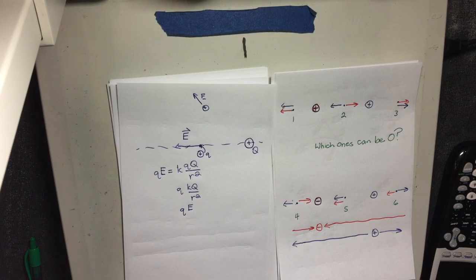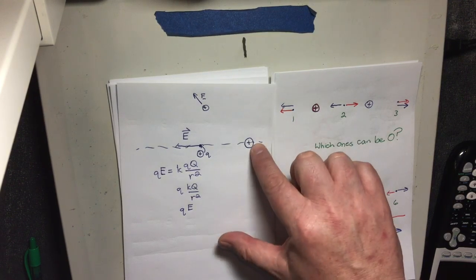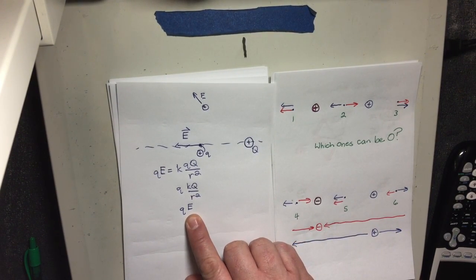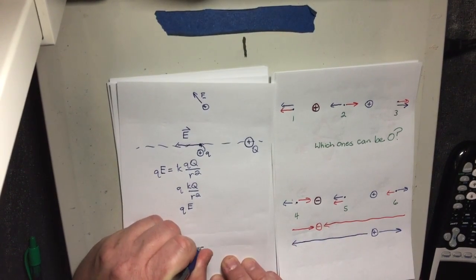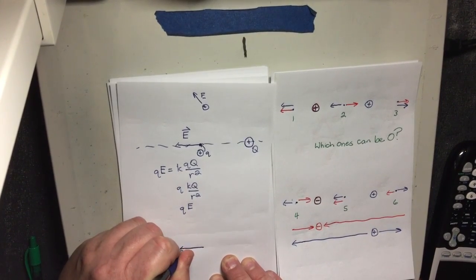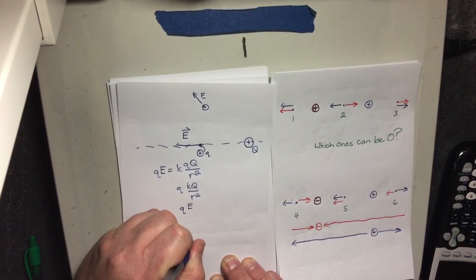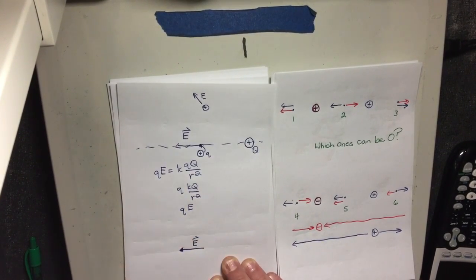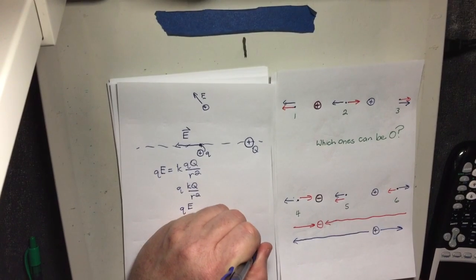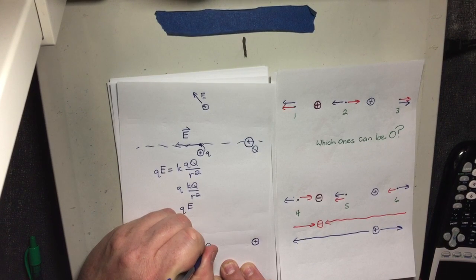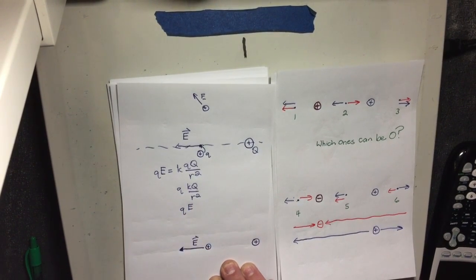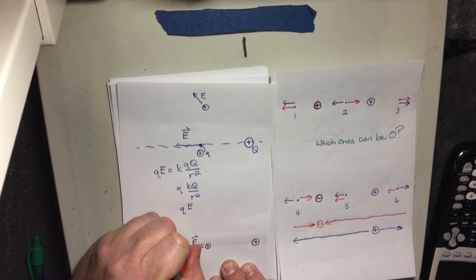So it's not truly necessary to know what this charge is. What is necessary is to know what the electric field is. Because, as an example, if the E field points to the left, and why would it face to the left? Because if there was a big positive charge over here, and you put your positive charge here, obviously the force would be to the left.